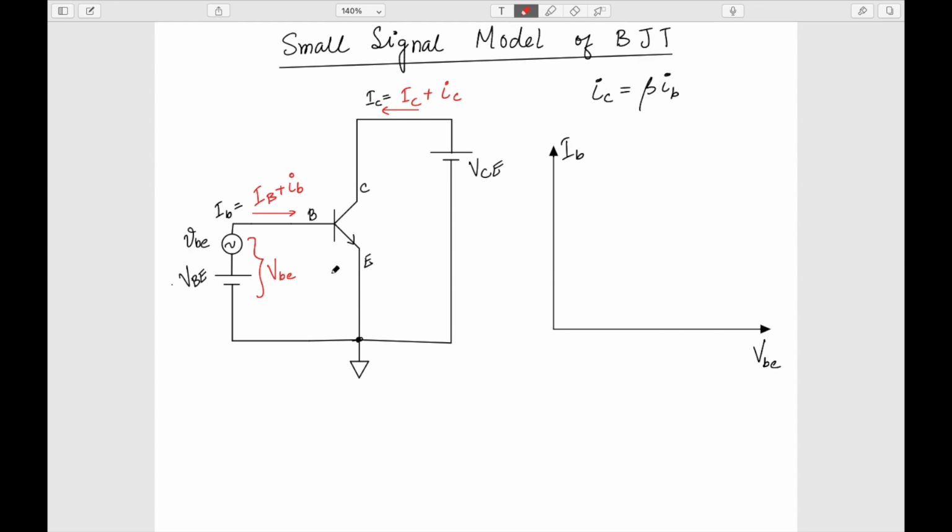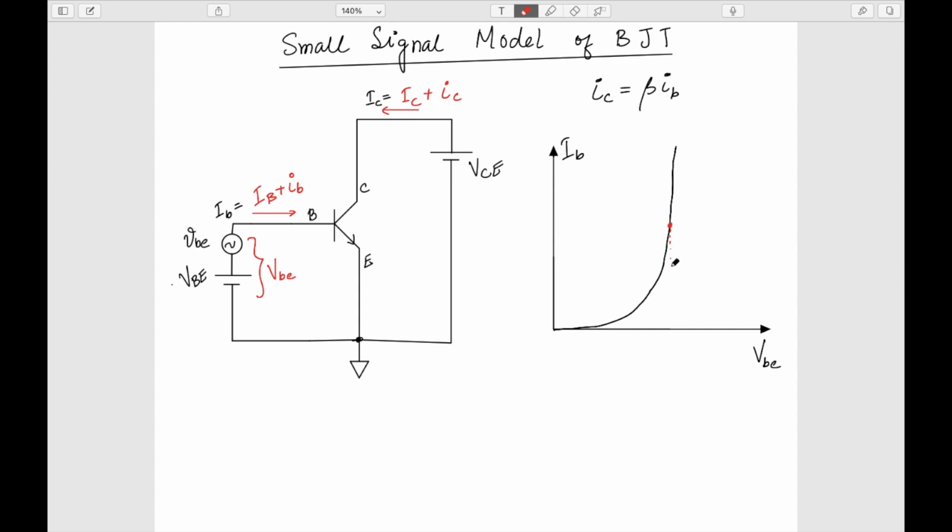So if I am increasing this one, it will have this kind of characteristic, the exponential characteristic that we had seen before, because it basically follows the exponential law. And let's try to find out at this point.